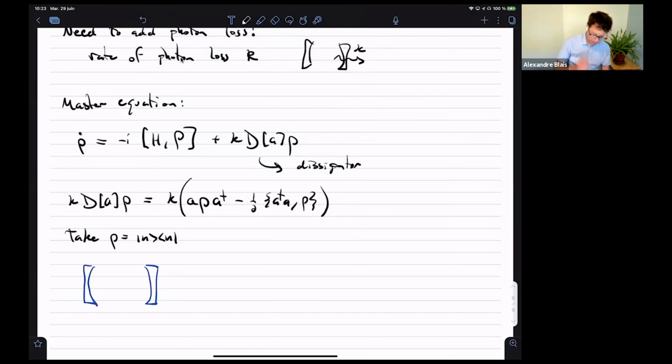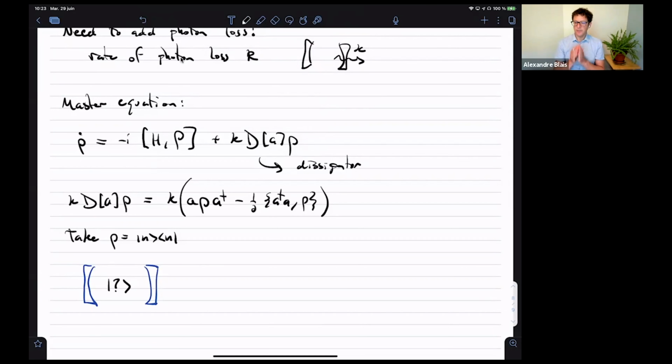I'll put in some state, and I'm the only one who knows what state I'm putting in. I make a promise that what I put in is either one photon or no photon.